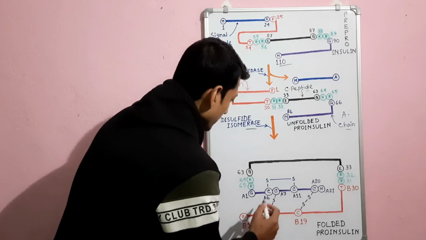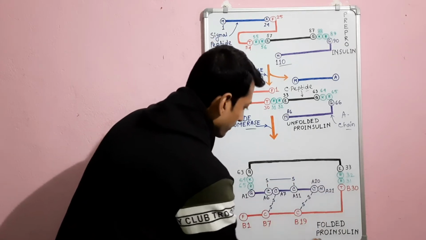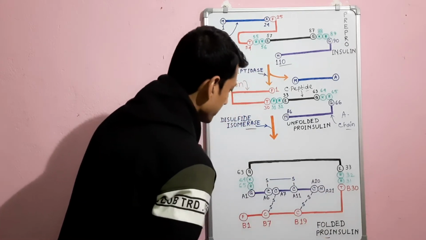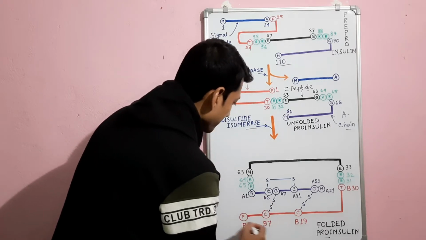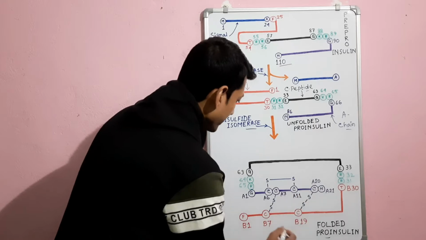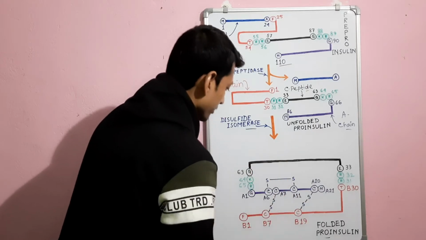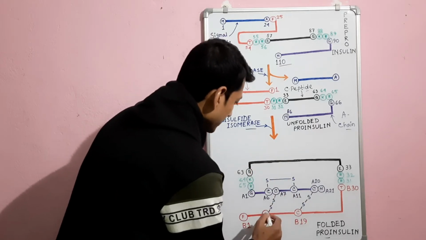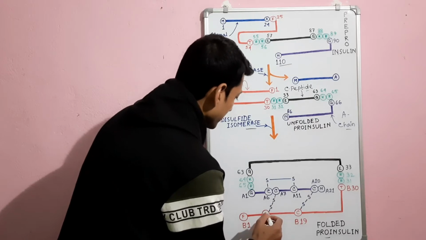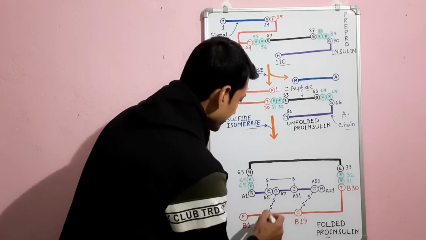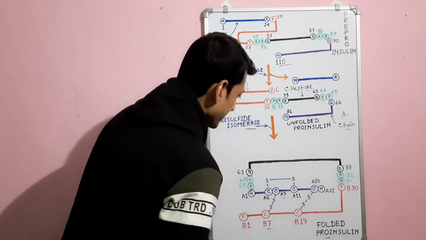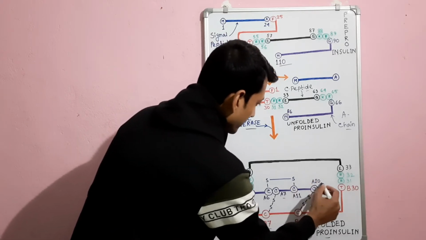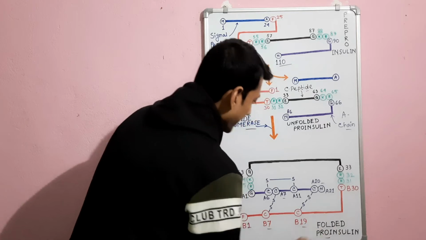Now, if we see the chemical structure of folded proinsulin, then we will see the A chain and B chain are linked together by two disulfide bonds. The disulfide bonds are created between cysteine residues of A7 and B7 position and A20 and B19 position.